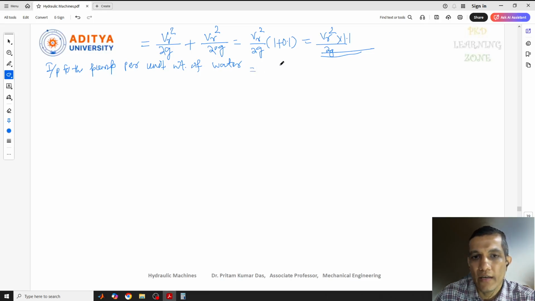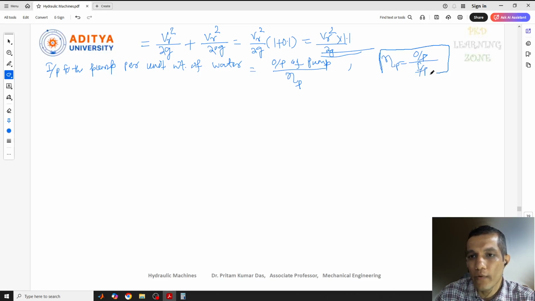So this is nothing but we can write the output of the pump per unit weight of water divided by the efficiency of the pump. If you write it reversely, then I can write the efficiency of the pump equal to the output of the pump over the input of the pump, which is given.